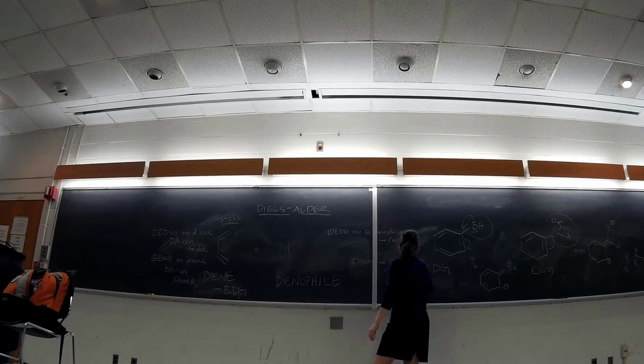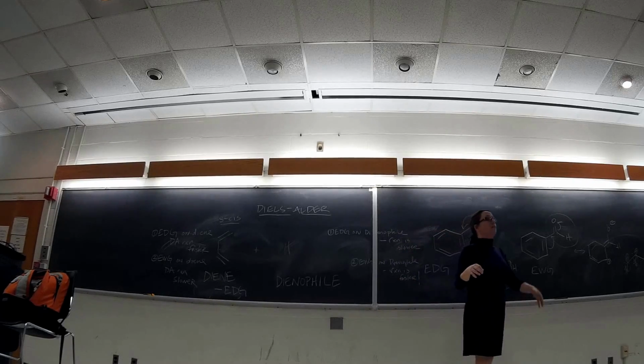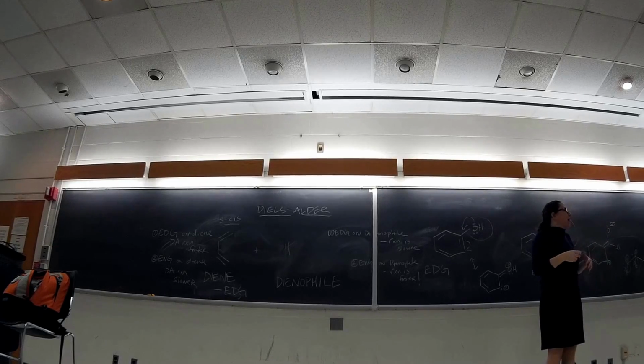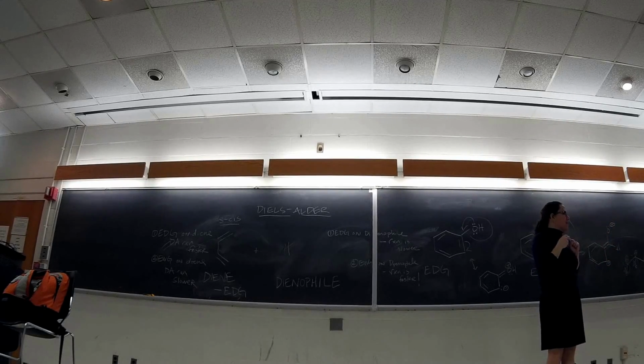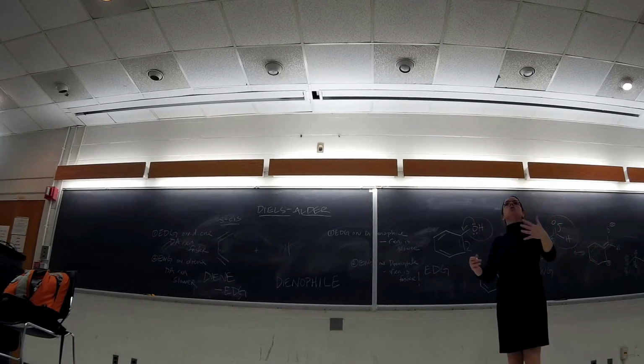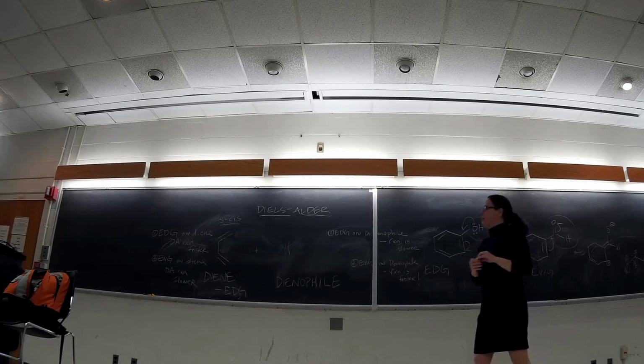Okay, so this tells me that the dienophile, in essence, is serving as the electrophile in this reaction. It's capturing the electron density that's donated from the diene, and that's the spark for the reaction. Because all reactions occur when a nucleophile seeks out an electrophile. That's the spark for any given reaction.